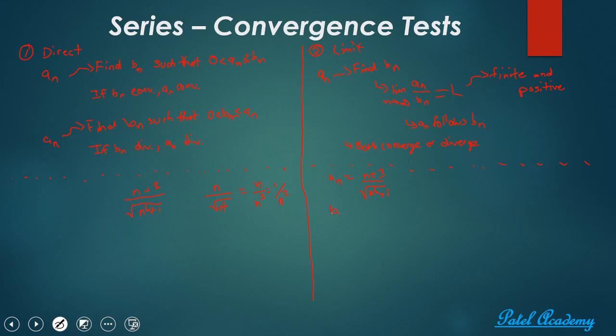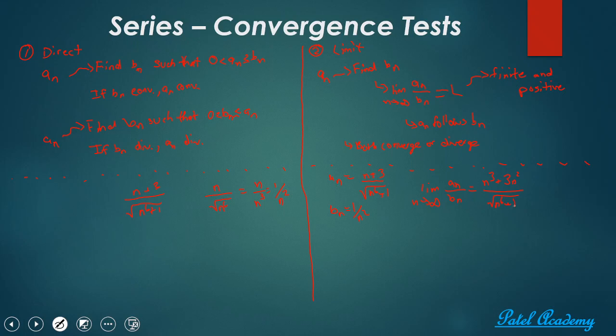So I'm going to let b at n be equal to 1 over n squared. So my limit as n goes to infinity of a at n over b at n is equal to n cubed plus 3n squared over the square root of n to the 6th plus 1.